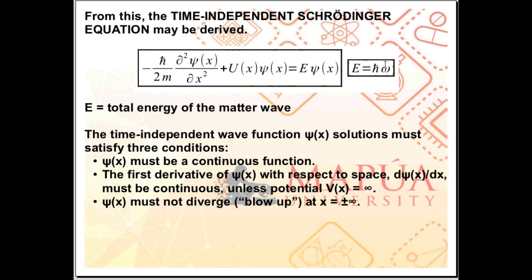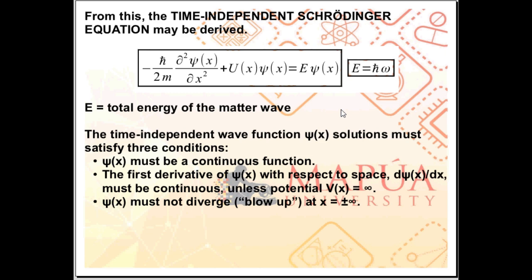E is the total energy of the matter wave. So if the energy and momentum do not depend on time, we can use the time-independent Schrodinger equation.